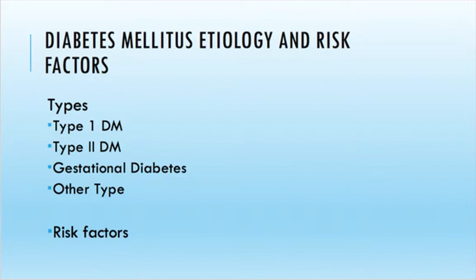Environmental triggers, so things like viral infections, they found mumps, rubella, these kinds of things can contribute to it. Chemical toxins, so things found in smoked or cured meats, result in an autoimmune response and they destroy the cells. The risk is 1 in 400 to 1 in 1,000 in the general population, and it increases to 1 in 20 to 1 in 50 for children whose parents have diabetes. So much higher risk with familial link.